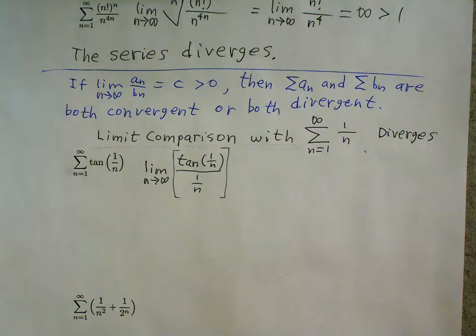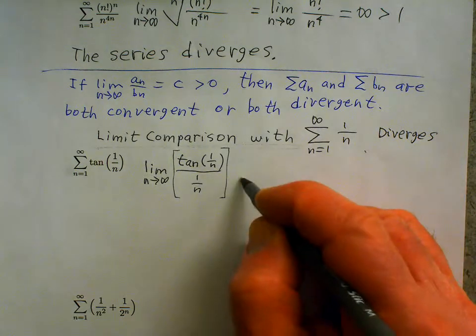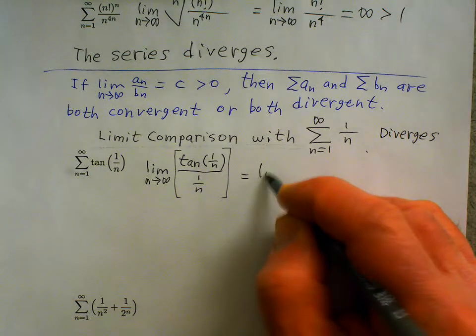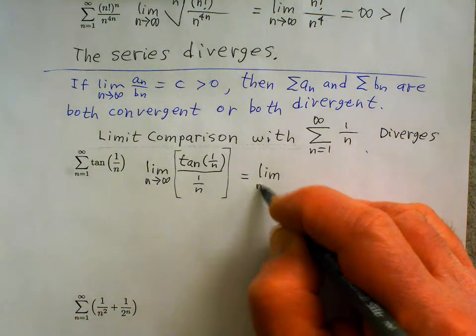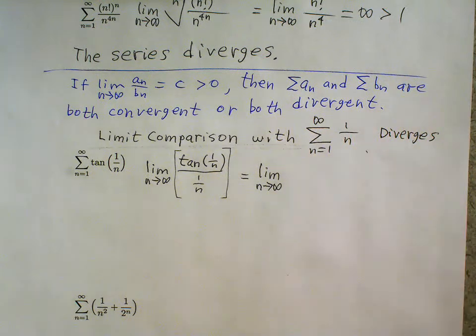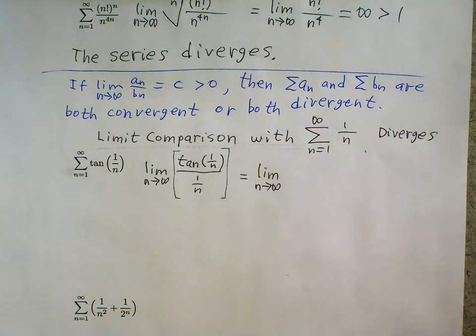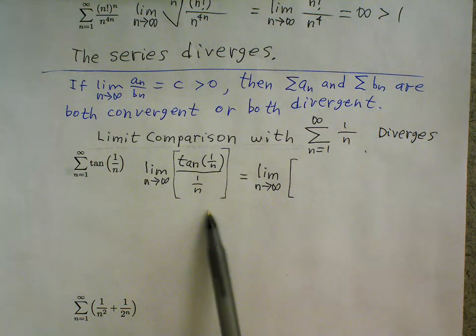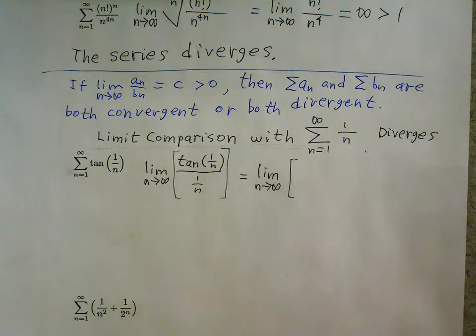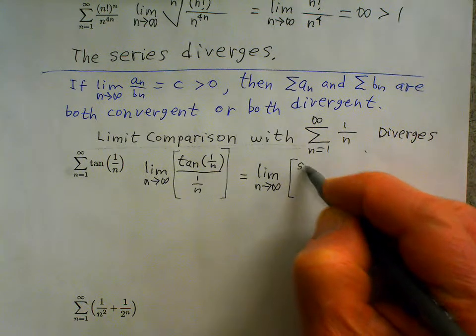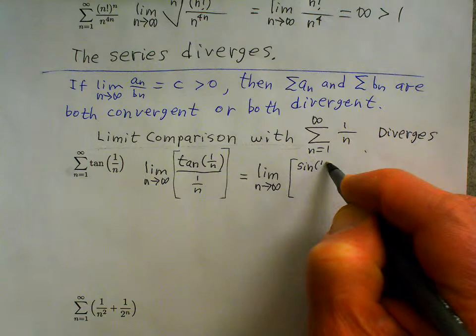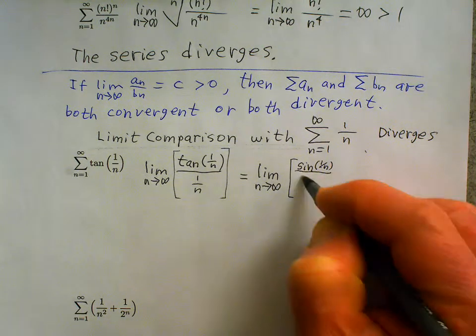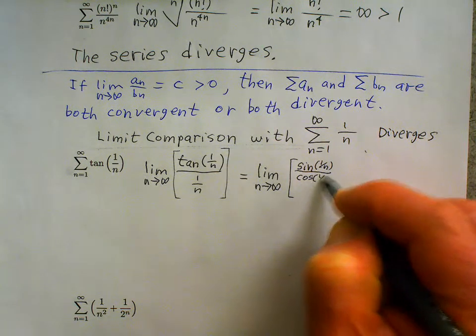What next? Well, tangent of 1 over n is sine of 1 over n divided by cosine of 1 over n.